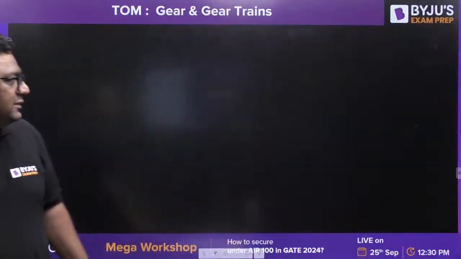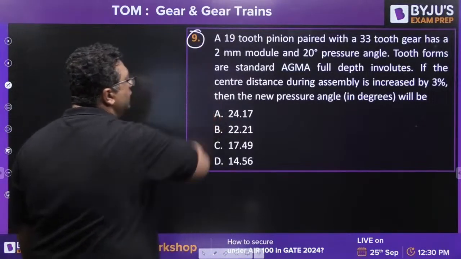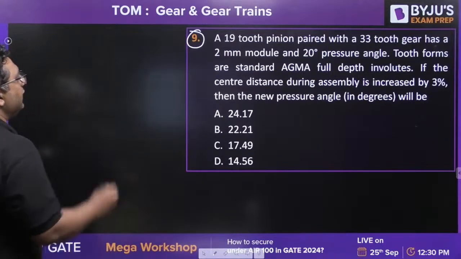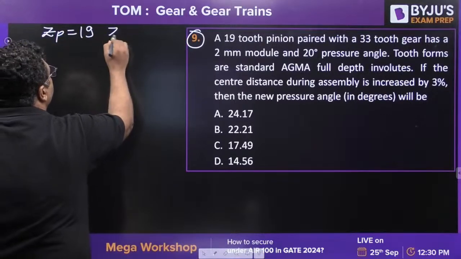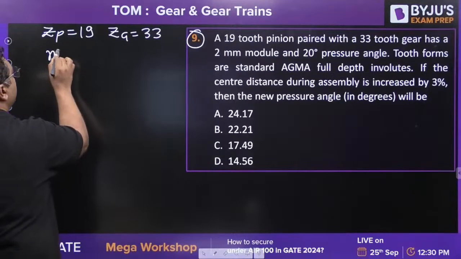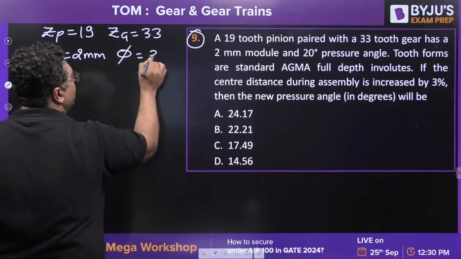Next question, guys. Question number 9 now. A 19 tooth pinion, ZP is 19, ZG is 33, has a module of 2 mm and pressure angle of 20 degrees.